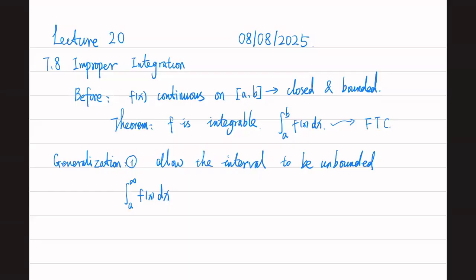Whether it's integrable or not depends on the limit. We still start with a finite interval. We end at b. Then we let this upper limit go to infinity.